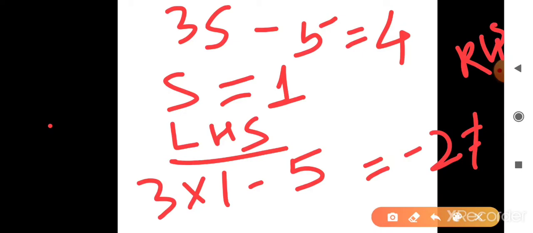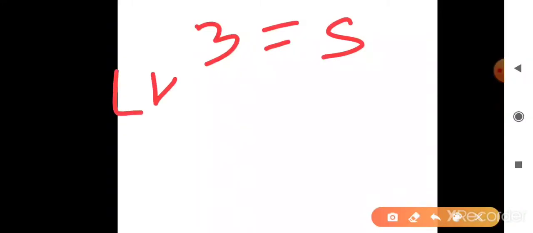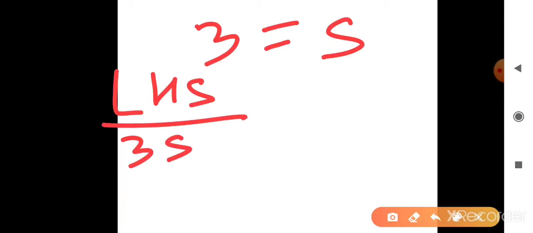Now after a few more trials, let us consider the number 3. That means our variable has a value of 3. For the left hand side it will be 3s minus 5.